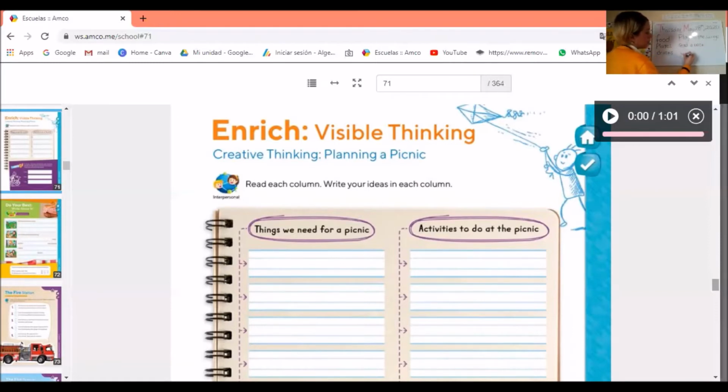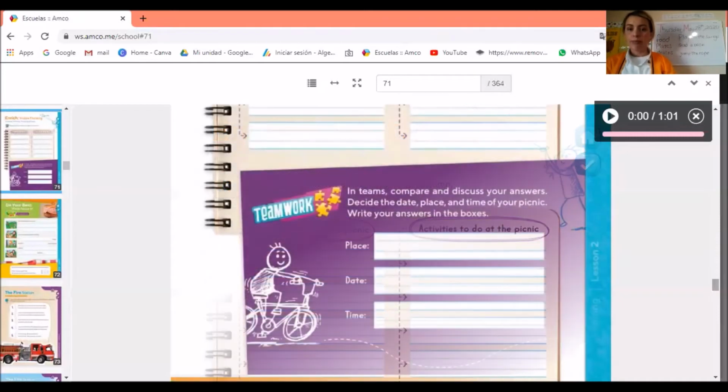Jump the rope. Very good, guys. Those are great ideas. Make sure you write those down and also your own. You can ask Mom or Dad for examples, all right?